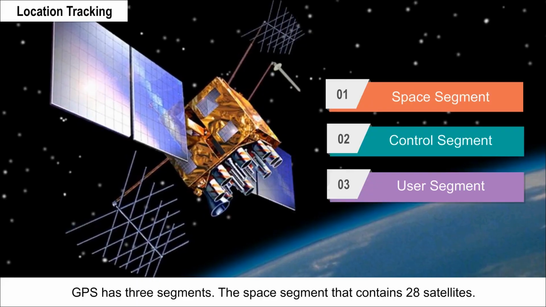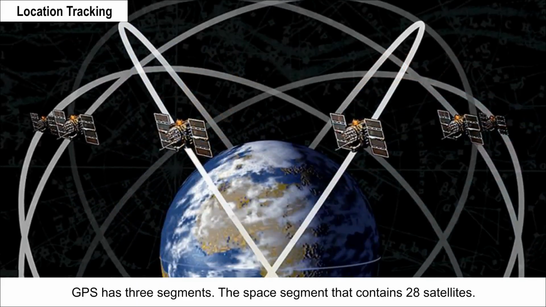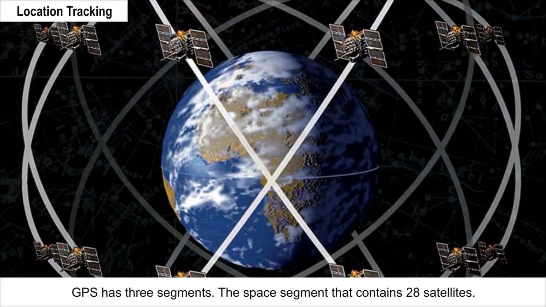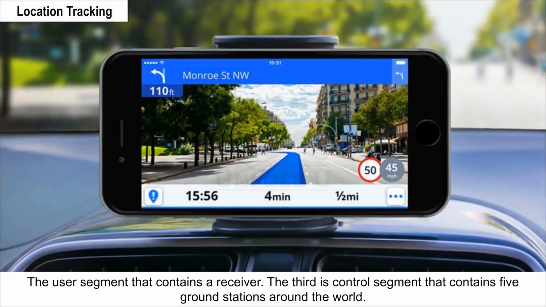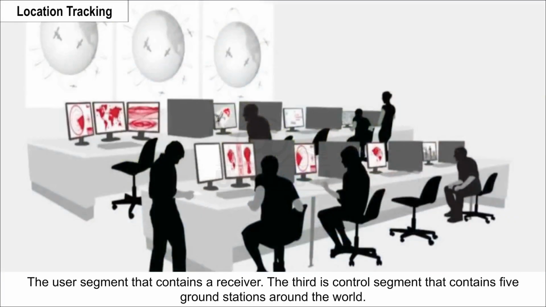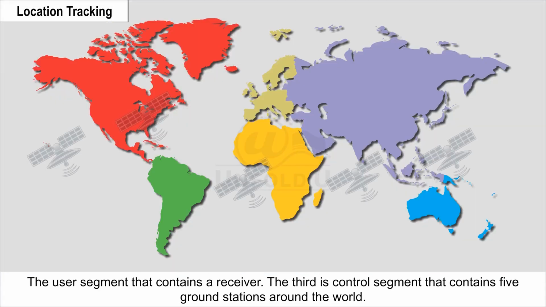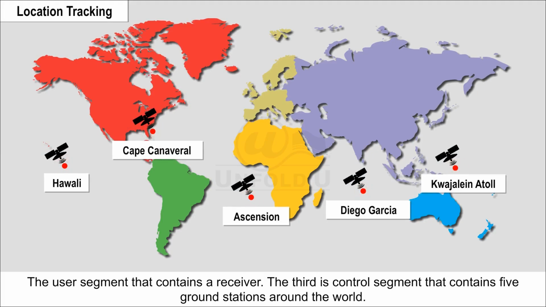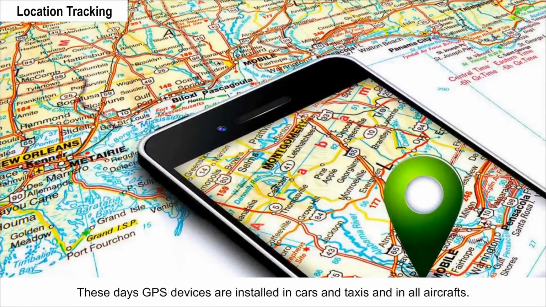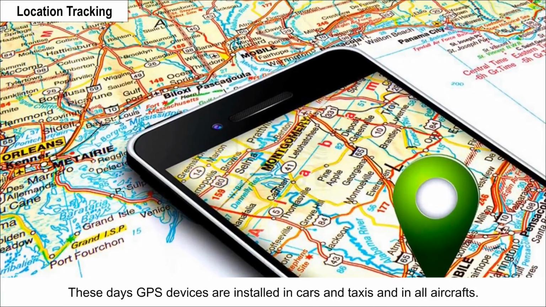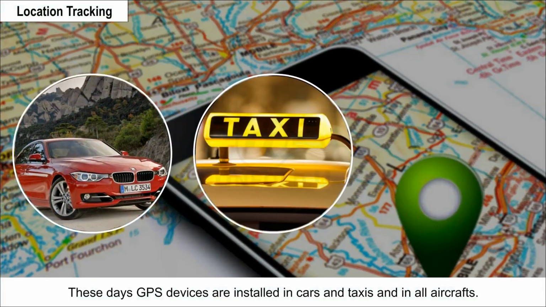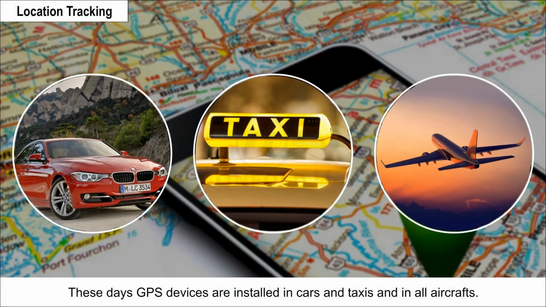GPS has 3 segments. The space segment that contains 28 satellites, the user segment that contains a receiver, and the third is the control segment that contains 5 ground stations around the world. These days, GPS devices are installed in cars and taxis and in all aircraft.